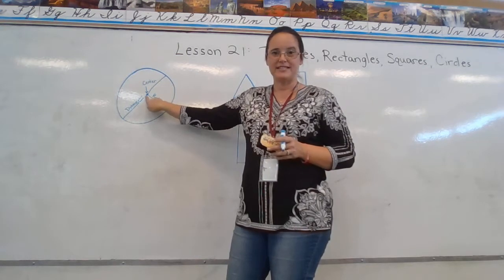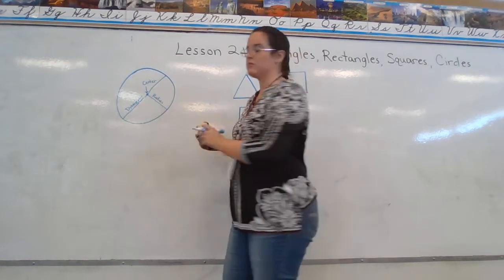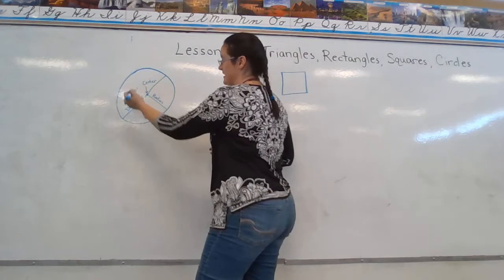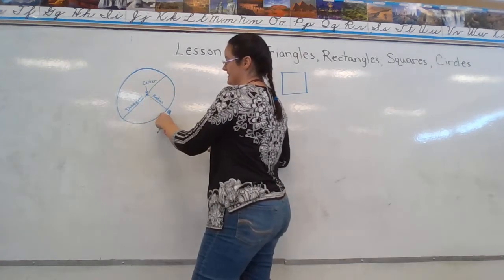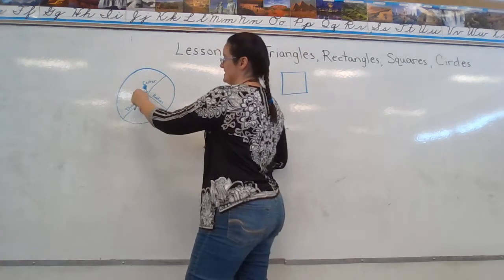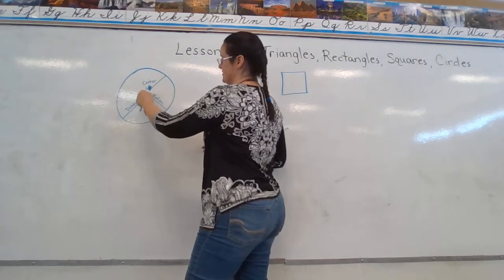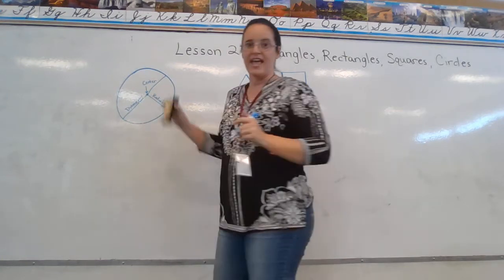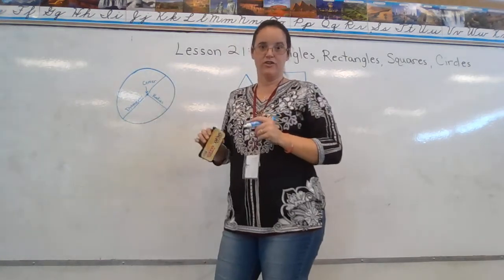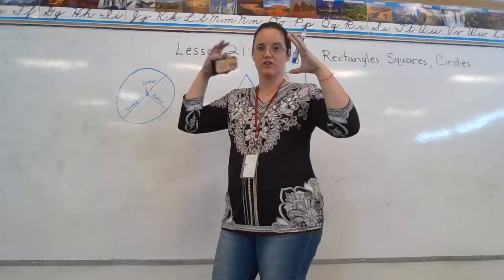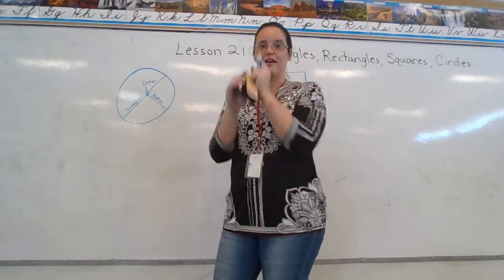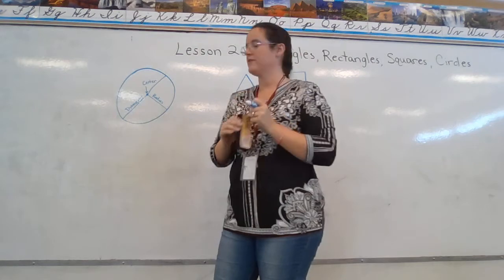So what that means is I have a center. I can put my ruler anywhere on my circle, and this distance should be the same as this distance, which is the same as this distance, or this distance, or this distance, anywhere that I look on the circle. The edges of the circle are all the same distance away from that center point, okay?